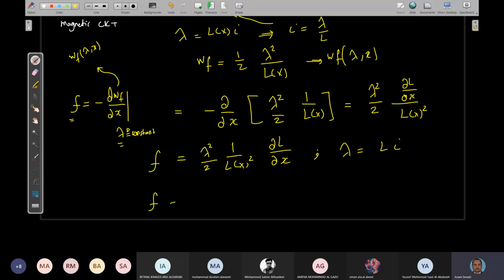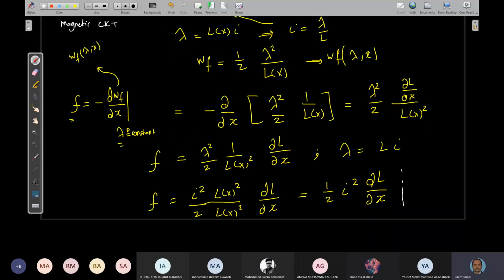So now the force can be written as I square over 2 Lx square over Lx square partial L by partial x, and simply this will equal 1 over 2 I square partial L by partial x, which is the same expression we did when we discussed the singly excited system, correct?